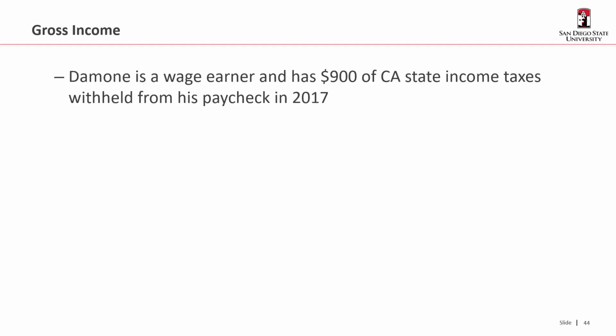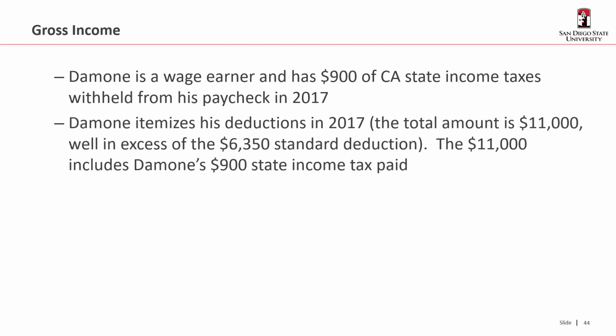All right. So Damone is a wage earner and has $900 of California state income taxes withheld from his paycheck in 2017. So let's assume that Damone itemized his deductions in 2017. And one of the itemized deductions you can take is state and local taxes paid. Recall that from the Module 2 video, I believe.